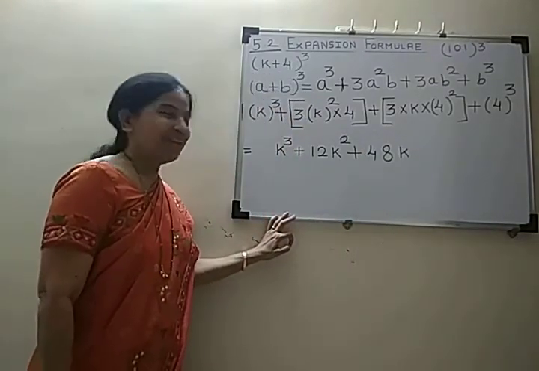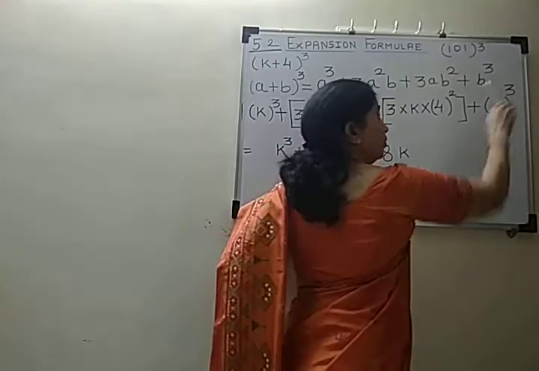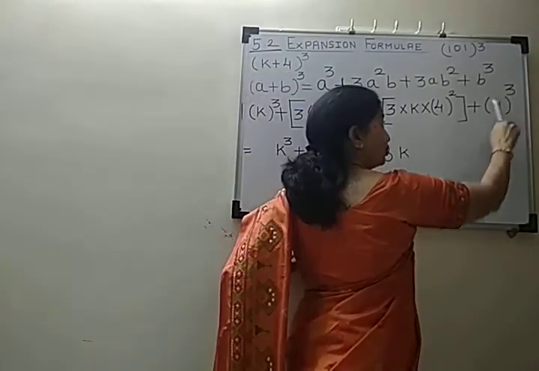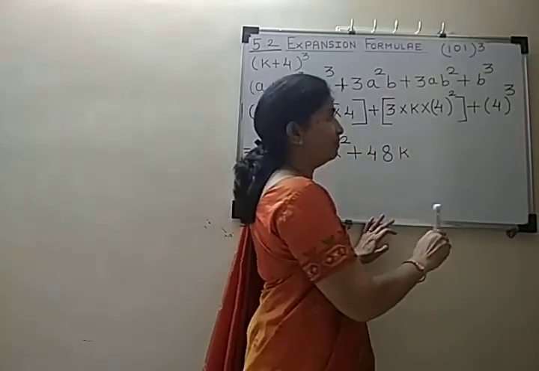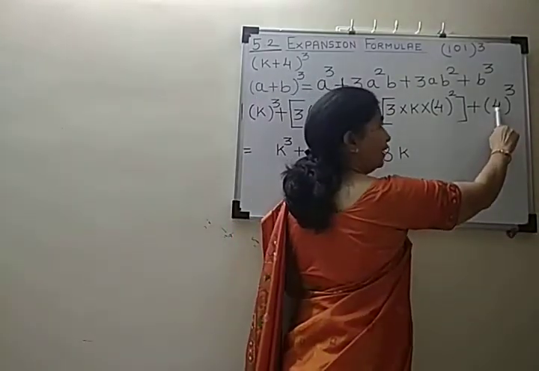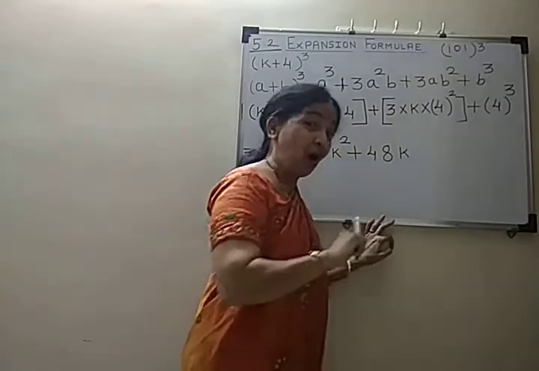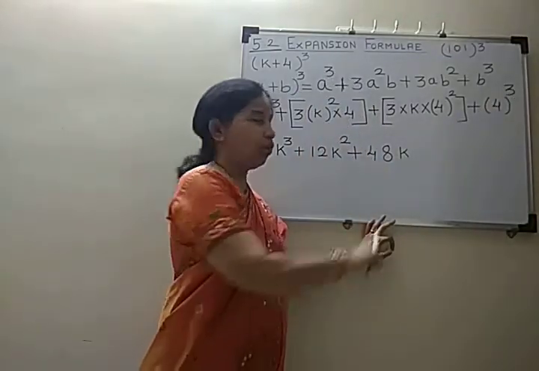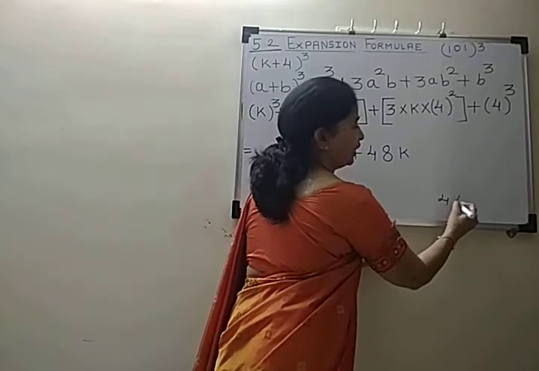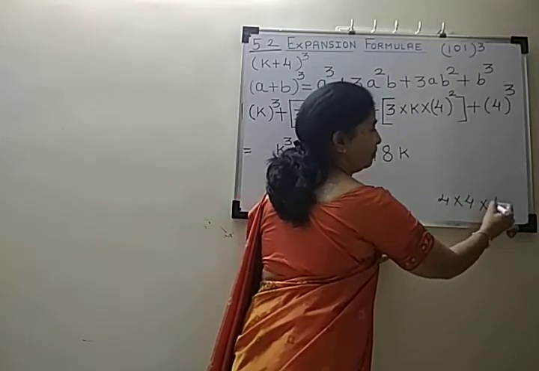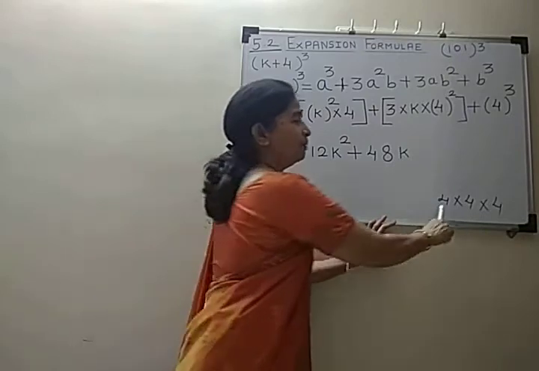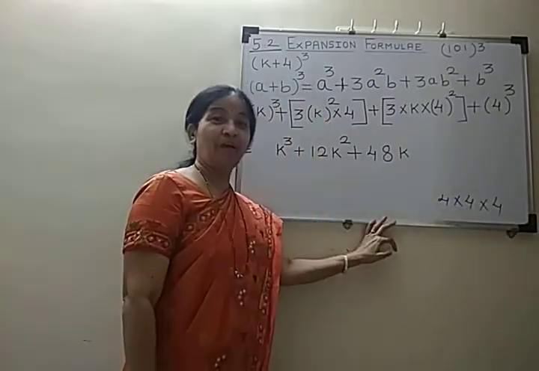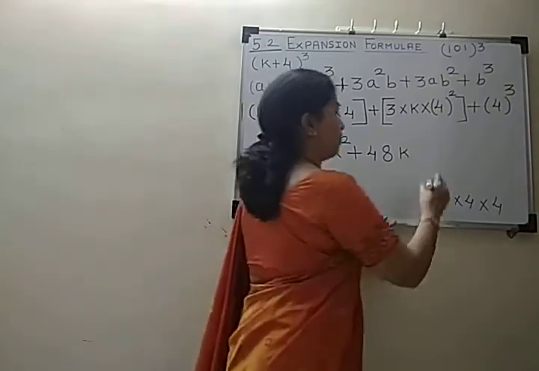Okay. Now 4 cube is what? 4 cube means you have to multiply 4, how many times? 3 times. So 4 into 4 into 4. 4 4s will come as 16. 16 4s will come as 64.